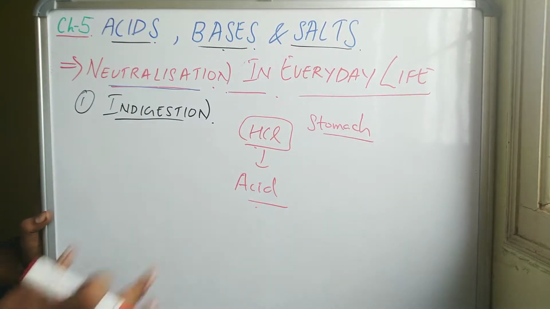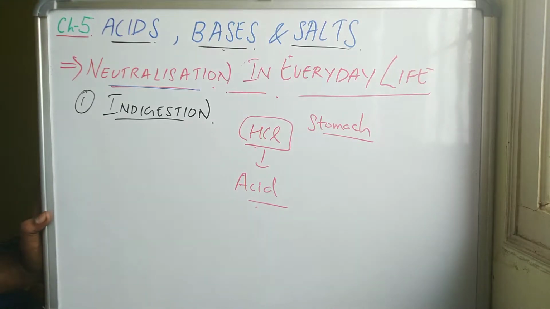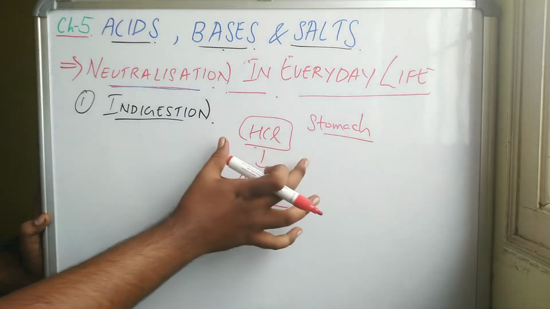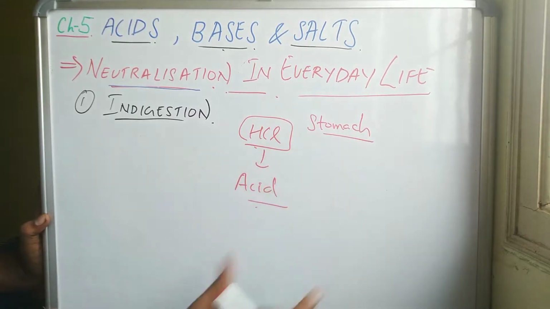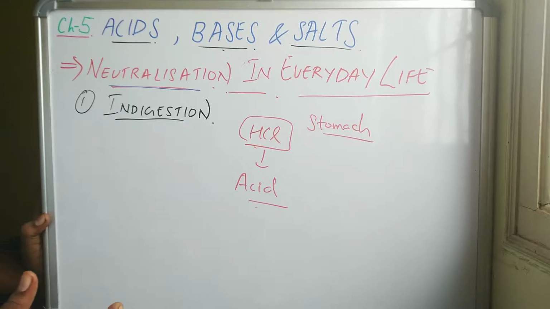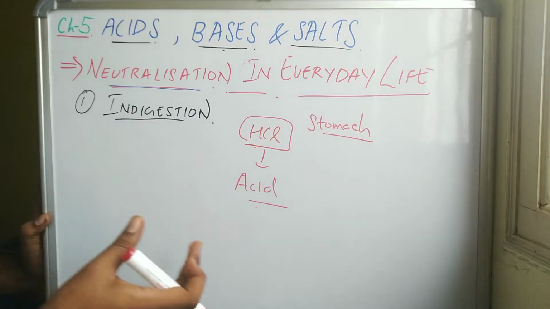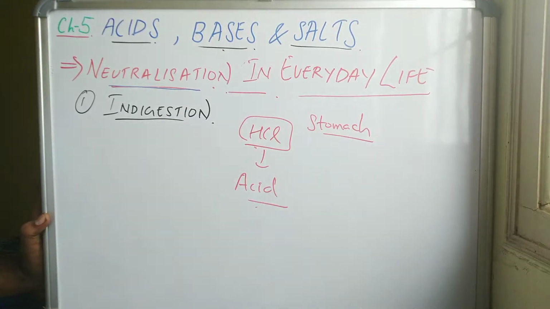Now, what is the function of HCl? You have already studied, it kills germs and it helps in the digestion process also. So HCl is nothing but acid, and it is there in the stomach. Now, sometimes if there is too much acid in the stomach, it causes indigestion.